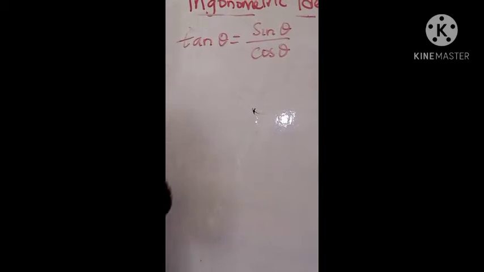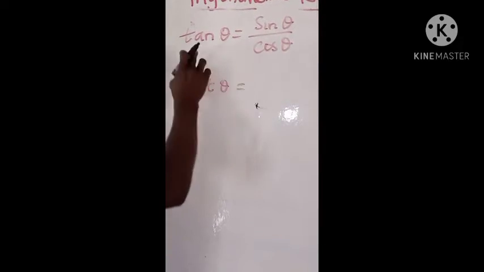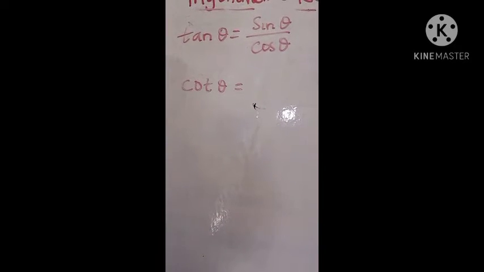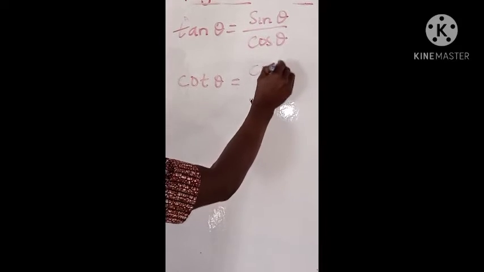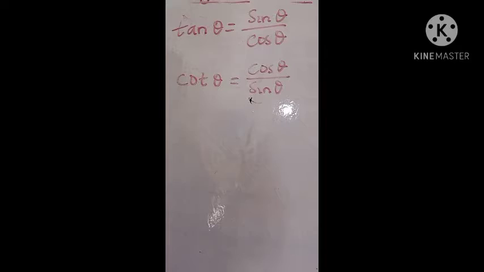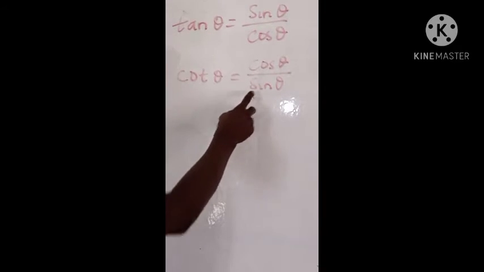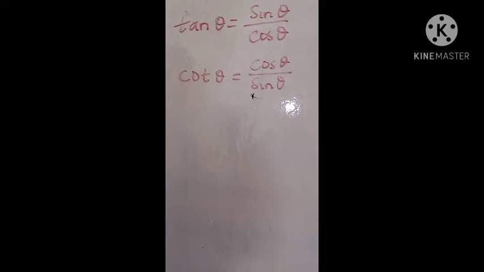Now, we know that cot theta is the inverse of tan theta. So cot theta becomes cos theta over sine theta. Anytime you divide cos theta by sine theta, you're going to get cot theta.